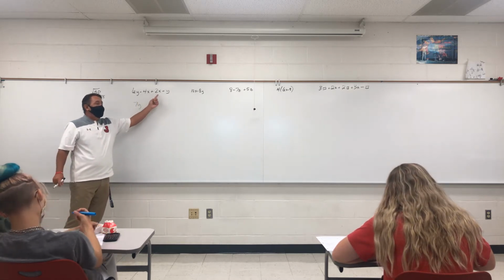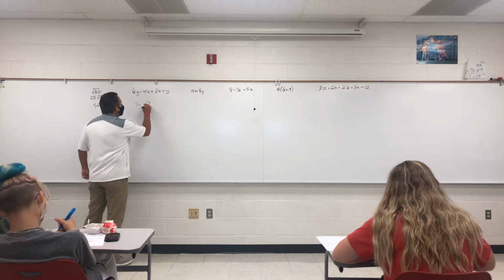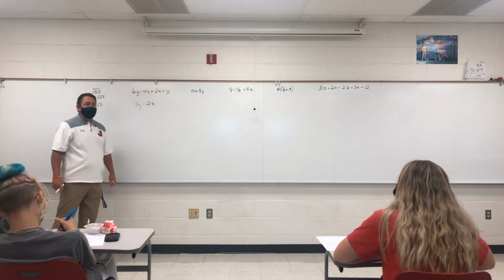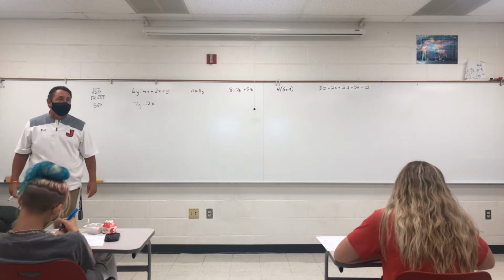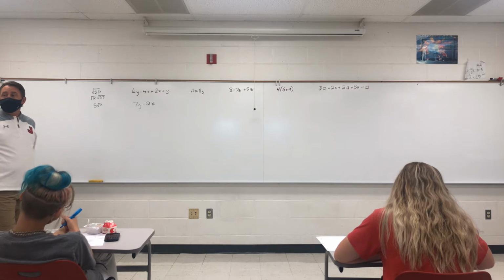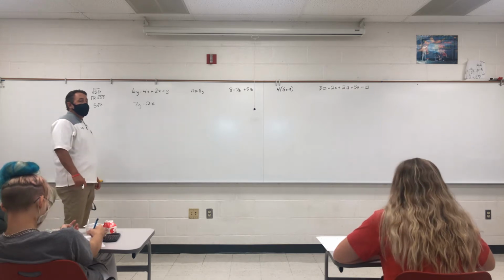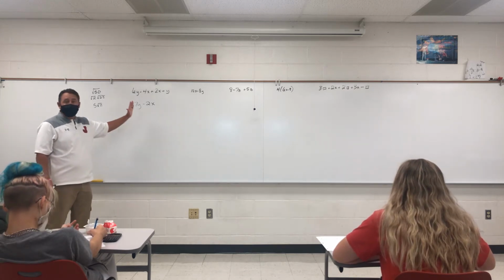The x's are the same. -4 and 2 would make -2. So that would simplify into 7y minus 2x. So we were combining like terms.